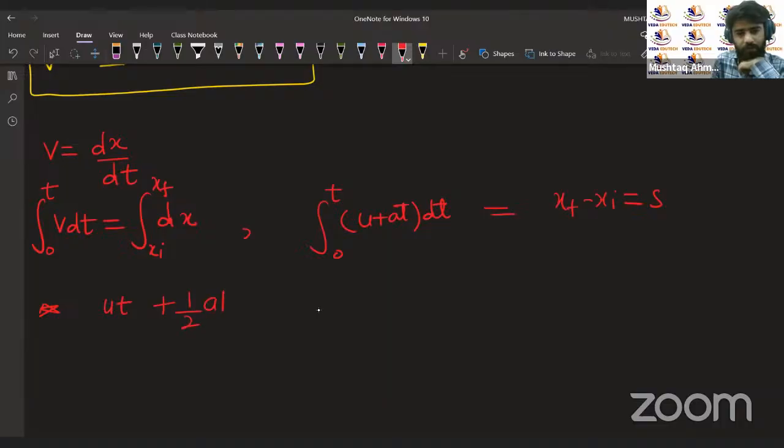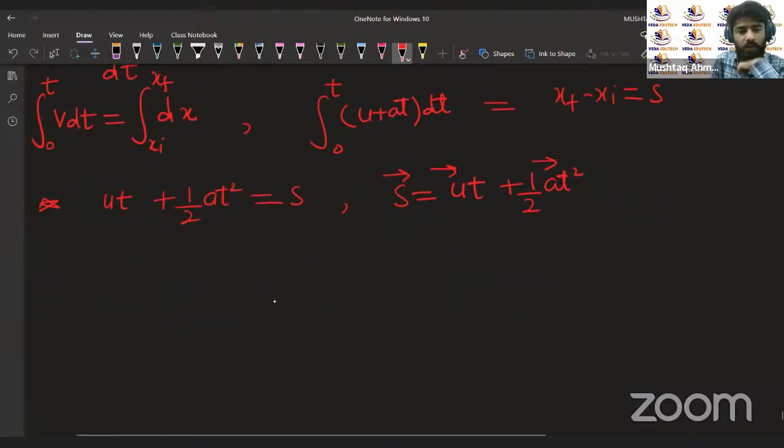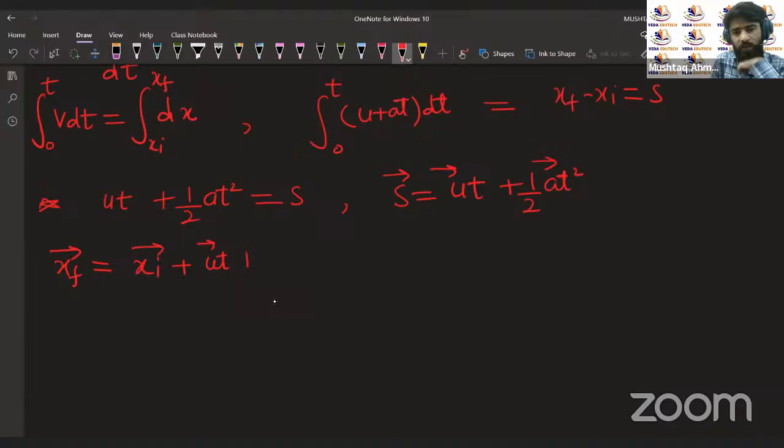So s is equal to ut plus half at square, where s is the displacement. Or we can rewrite it, if we have to find the final position vector, as x final equal to x initial plus ut plus half at square.